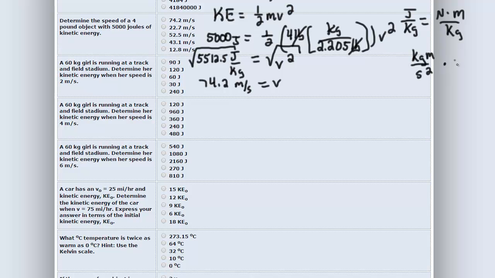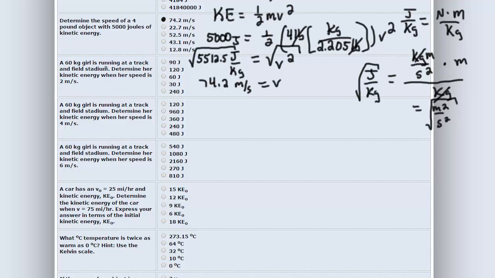And then we have to multiply that by the meter divided by the kilogram. This is all equivalent to a joule per kilogram. Here we have the kilograms drop out, and we're going to get meters squared over second squared. Meters squared per second squared is equivalent to a joule per kilogram. When we take the square root of the joules per kilogram, we're going to have units of meters per second, just like we got. So 74.2 meters per second.